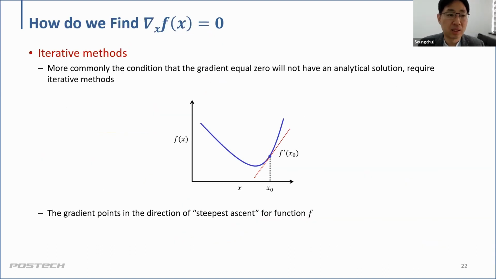All right, let's move on. So far, what I did is, given objective functions, using the gradient we can get a direct method or direct solutions once we have closed form expressions.